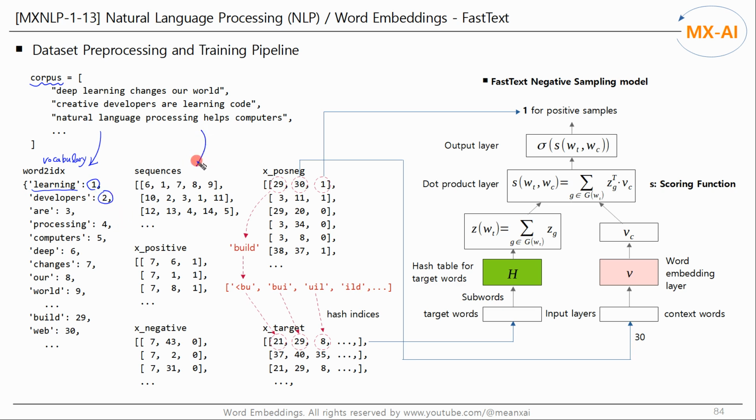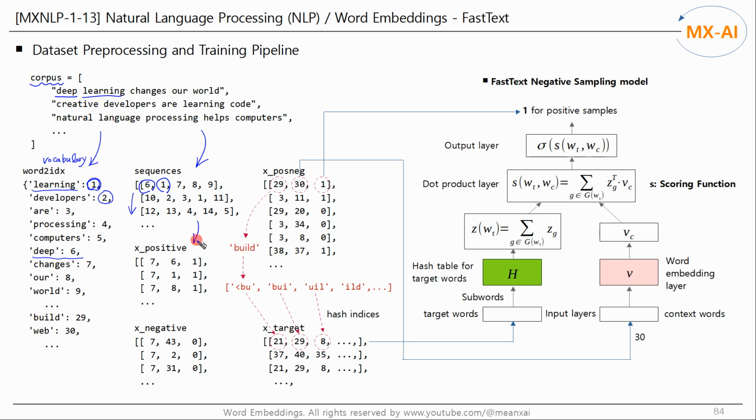Next, we convert each sentence into a sequence of token IDs like this. The first word of the first sentence is deep, which has token ID 6. And the second word, learning, has token ID 1. In this way, every sentence in the corpus is represented as a sequence of token IDs.